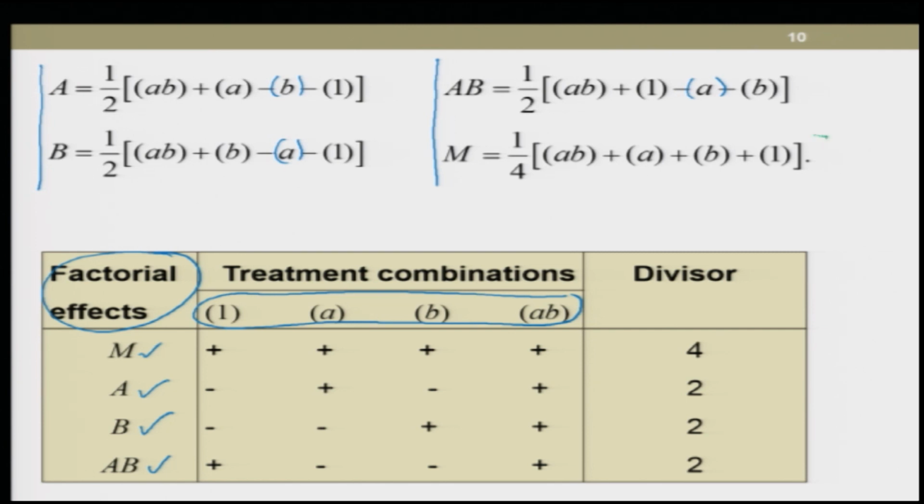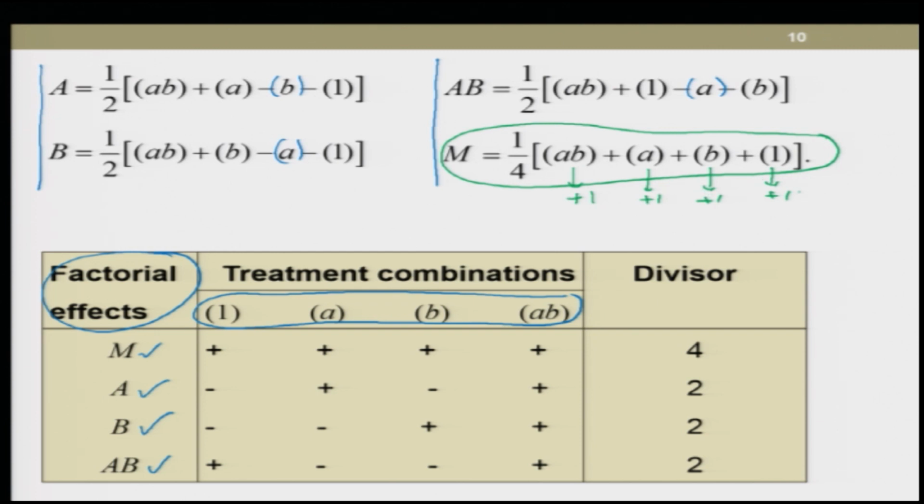the expression M in green color. You can see that in this expression the coefficient of AB is plus 1, the coefficient of A is plus 1, the coefficient of B is plus 1, and the coefficient of 1 is plus 1. So, all of AB, A, B and 1 have got the coefficient plus 1.